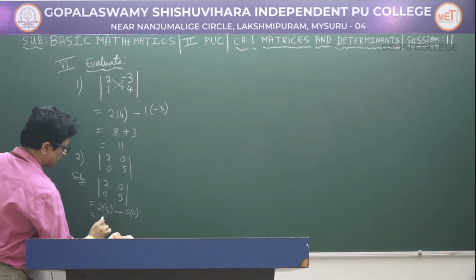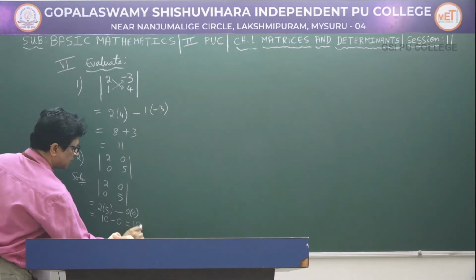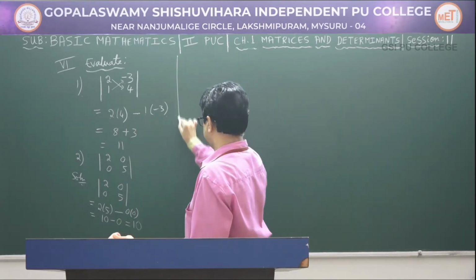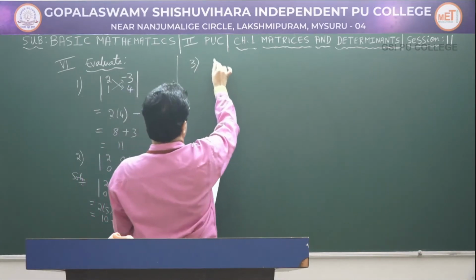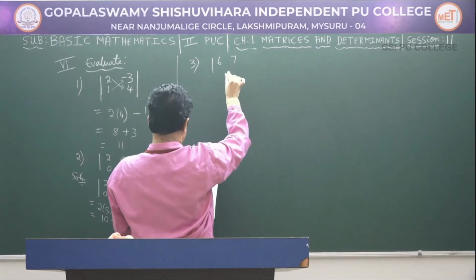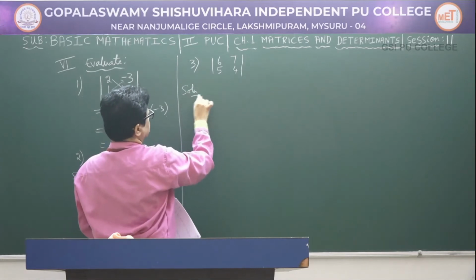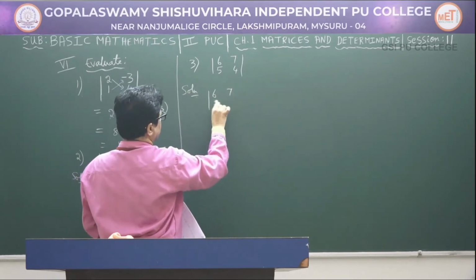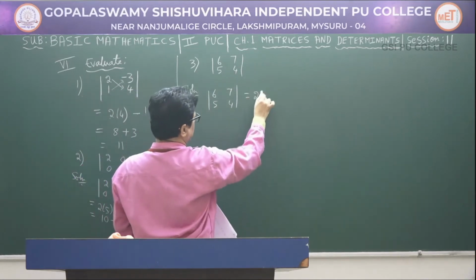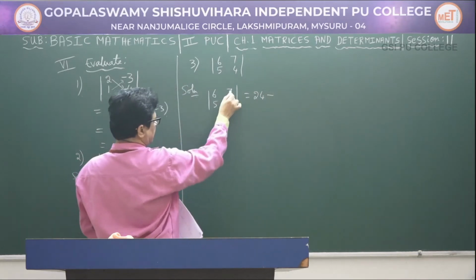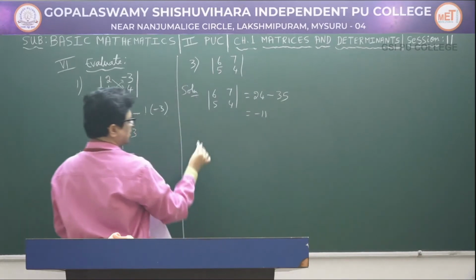So 2 fives are 10 minus 0, that will be equal to 10. Determinant of 6 7 5 4. Solution: determinant of 6 7 5 4 will be equal to 6 into 4, 24, minus 5 into 7, 35, which is equal to minus 11.